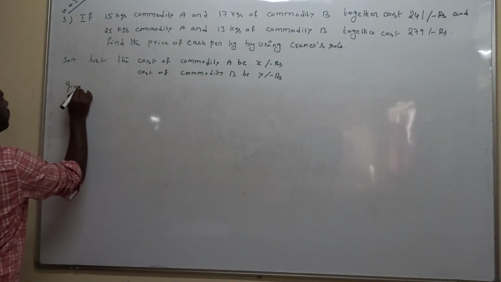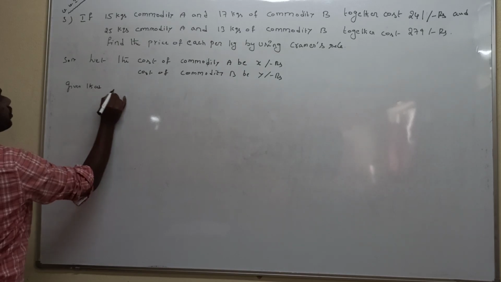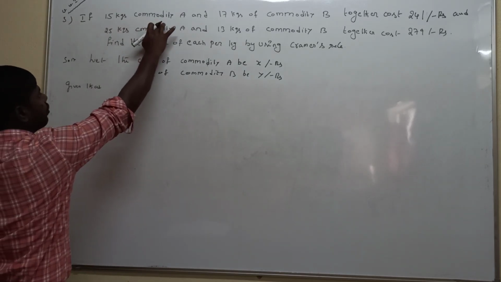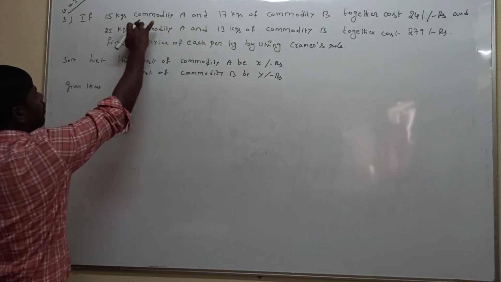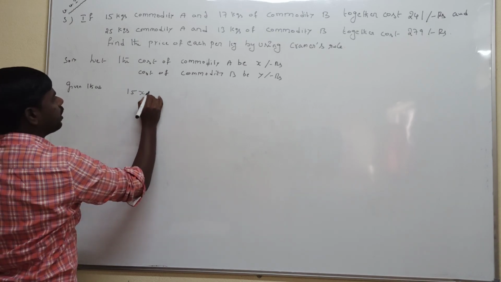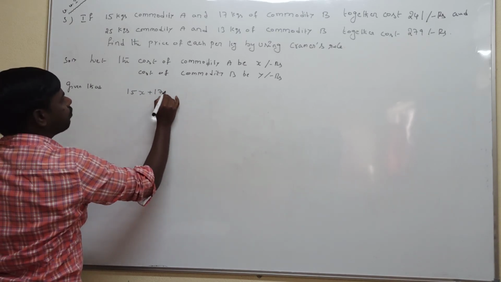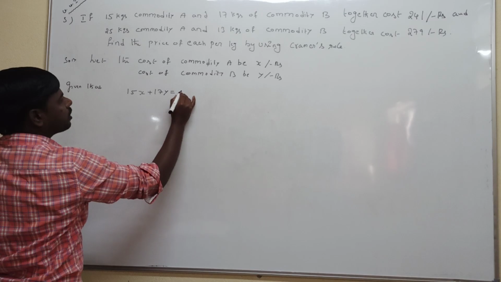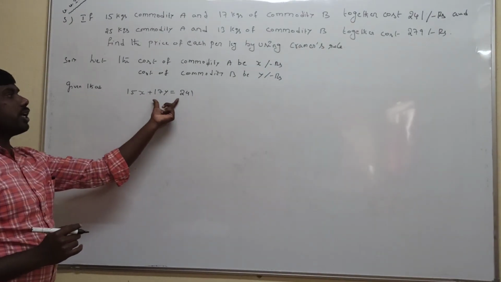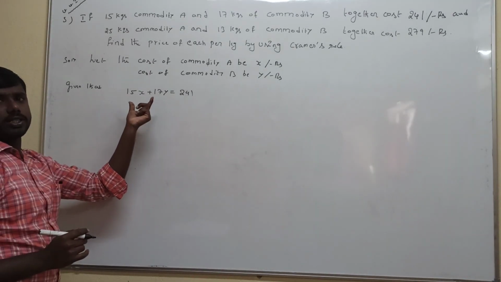Given that 15 kgs of commodity A, whose price we are assuming as x, plus 17 kgs of commodity B, together cost 241 rupees. Together cost, so we are adding.